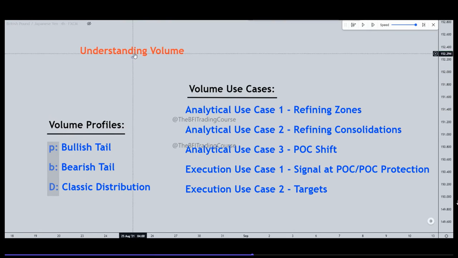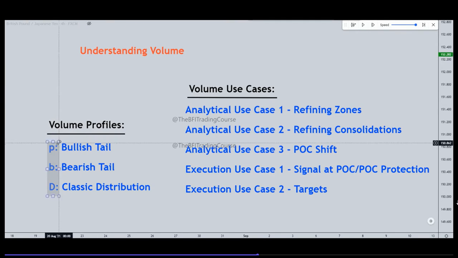And these volume profiles will come in certain shapes. You have a P, which can be considered bullish. You have a B, which can be considered a bearish tail. And you have a D-shaped volume, which is the classic shape of the volume and the standard distribution of it.